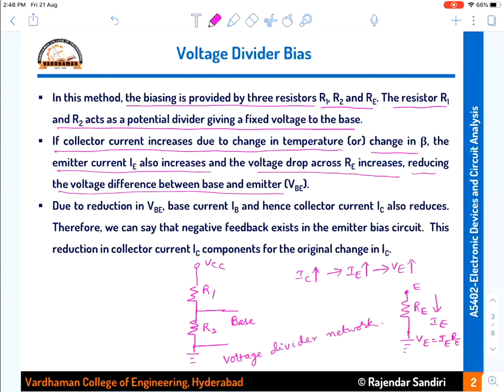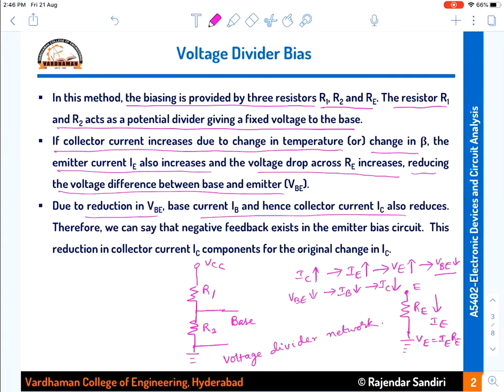That will reduce the VBE value, so that by the reduction in VBE, the base current and hence the collector current also reduces. VBE decreases, so IB decreases, and if IB decreases, IC decreases again.